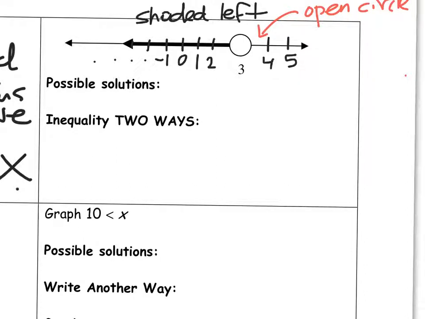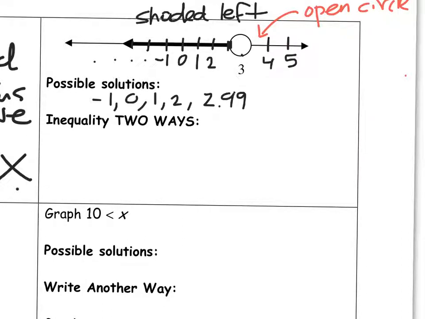So we start to the left and go all the way up to 3, but not including 3. So possible solutions are -1, 0, 1, 2. And actually, I'm going to put 2.99 as a solution. Imagine where 2.99 is. It's in between 2 and 3. It's very, very close to 3, but not exactly 3. That's a solution to this inequality.